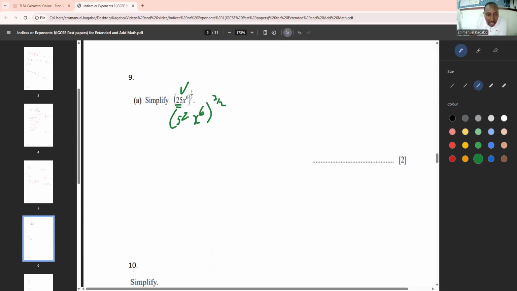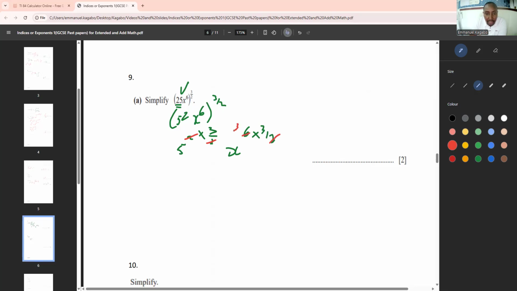Now, when you reach here, you multiply on each. So it will be 5 power 2 times 3 over 2, then x power 6 times 3 over 2. Are we together here? Now, I simplify, right? This 2 goes with that, and this 2 simplifies with that.